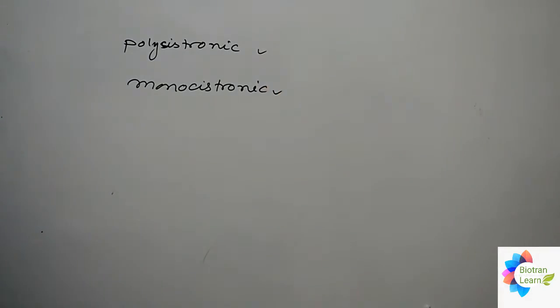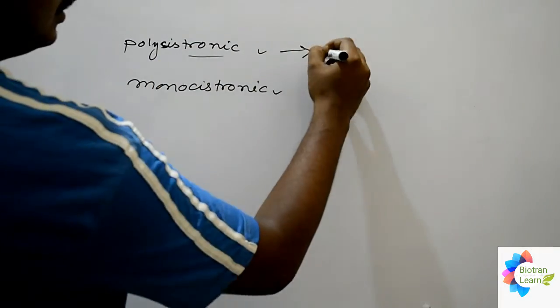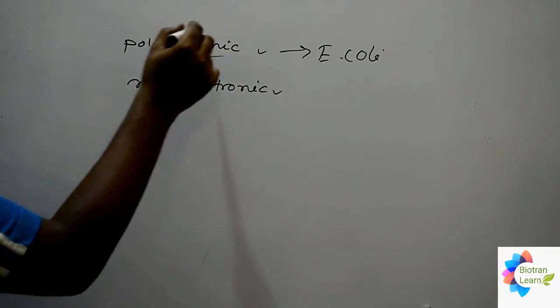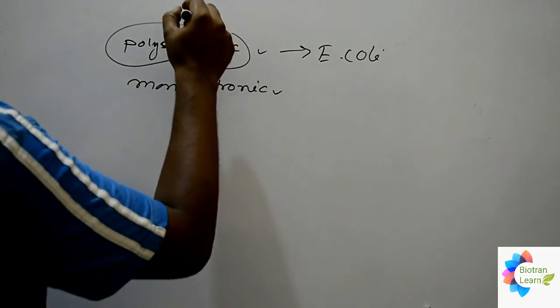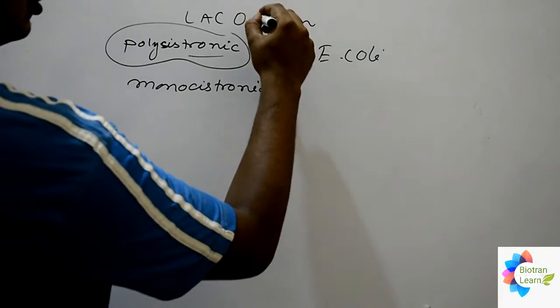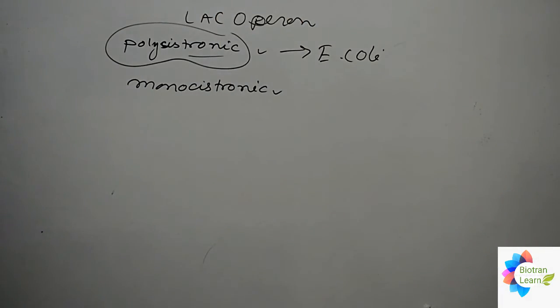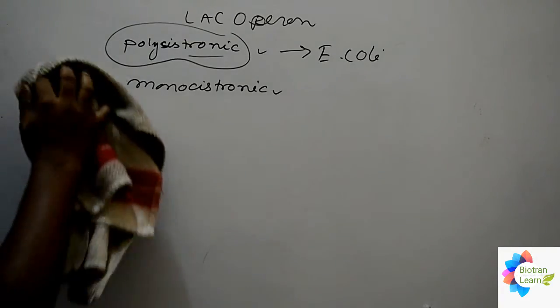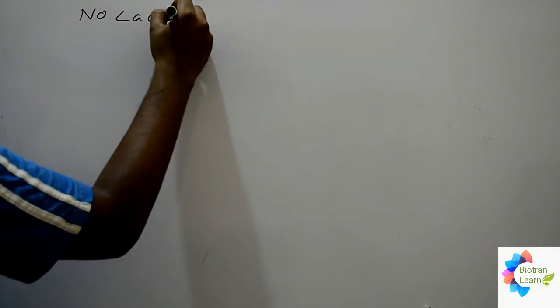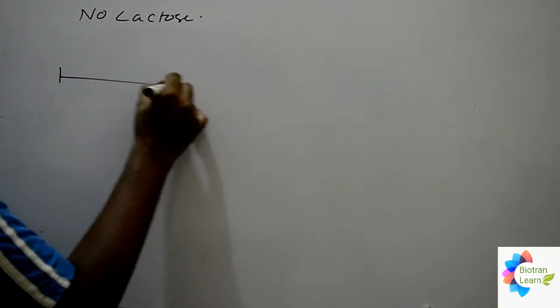In case of polycistronic, we can find it in E. coli, right? So we will be observing the lac operon system in case of the polycistronic operon system, right? Okay, so let's recap. First, when there is no lactose present, what happens?